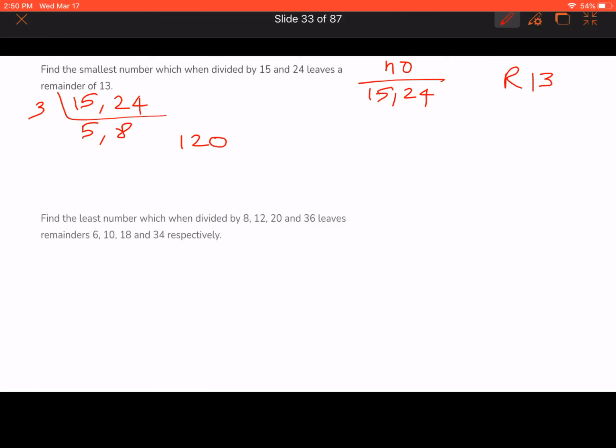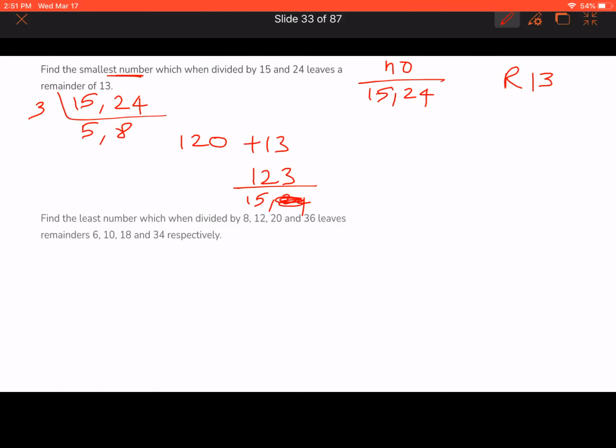Now what we have to do is, this number is completely divisible by 15 and 24. But we want a number which leaves a remainder of 13. That means we have to add that remainder. So if we take 123 as a number, this is the smallest number which when divided by 15 and 24 will automatically give this.